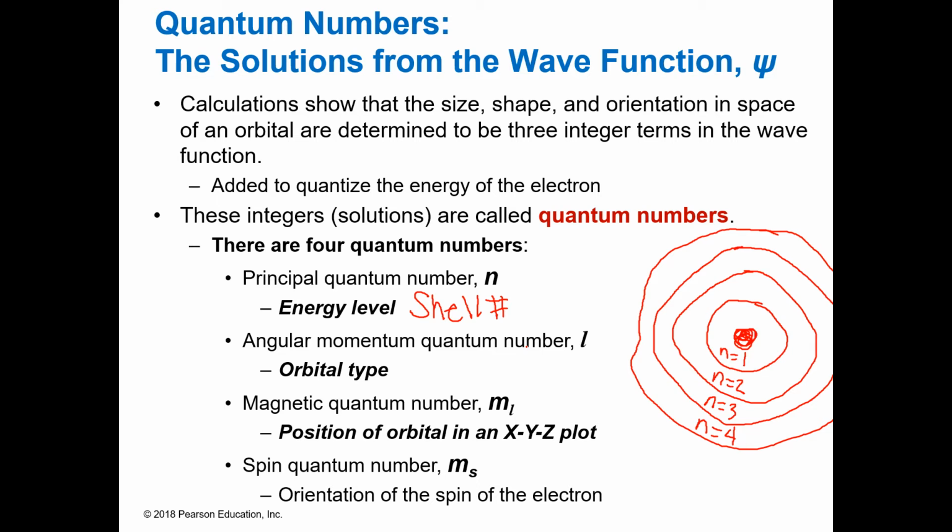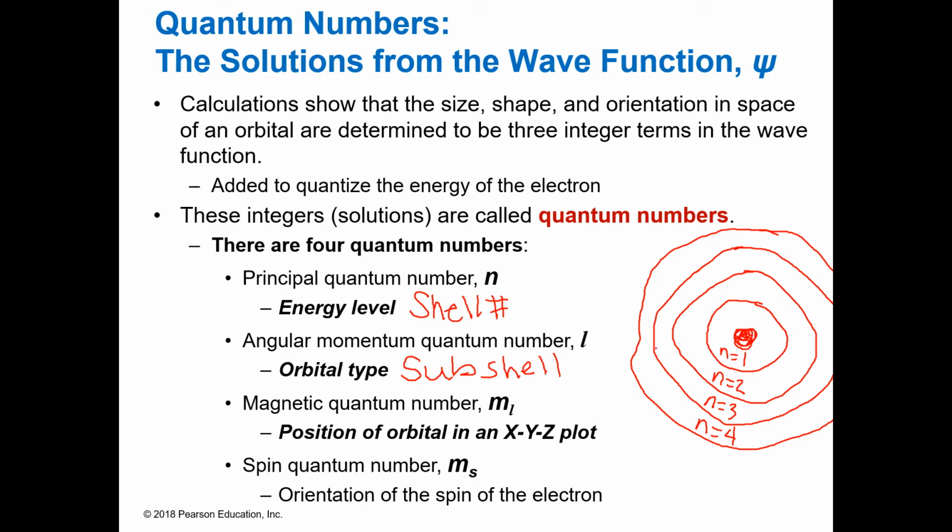Then we have our second quantum number, called the angular momentum quantum number, and it has a symbol of a cursive L. This is your orbital type. We're also going to call it a subshell. So this is going to tell us what subshell we're talking about.